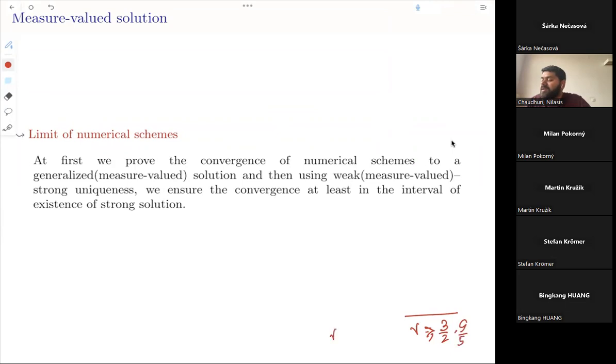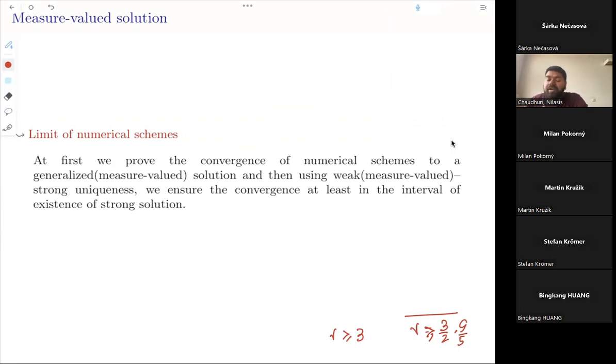The Karper scheme requires 3 or something. But it is quite easy to show, even for the compressible Navier-Stokes system, that these numerical schemes converge to a generalized solution, like the measure valued solution.